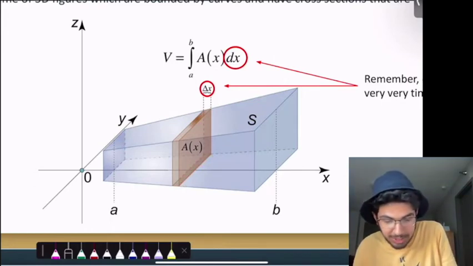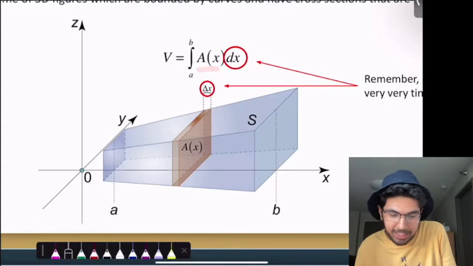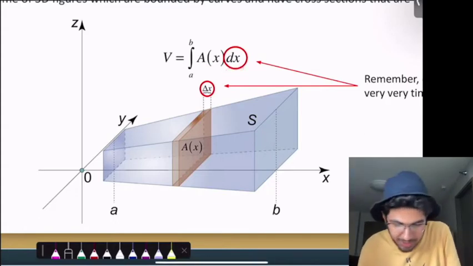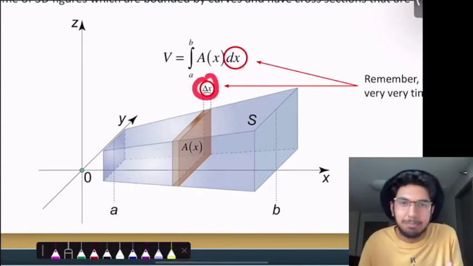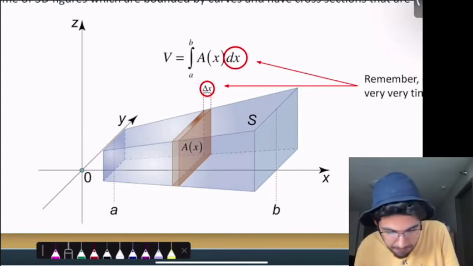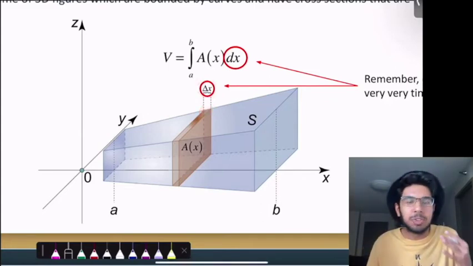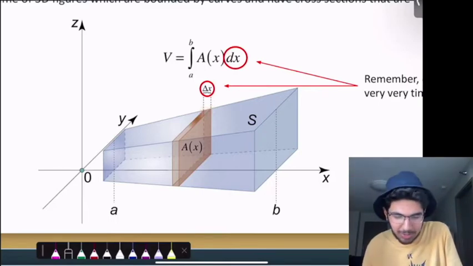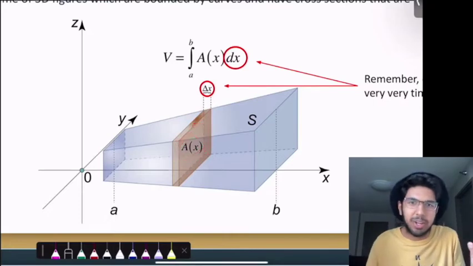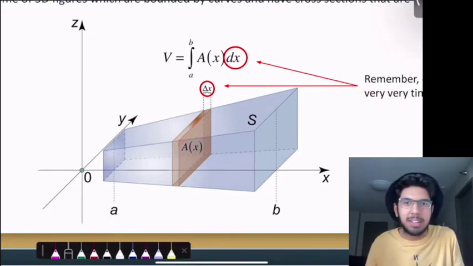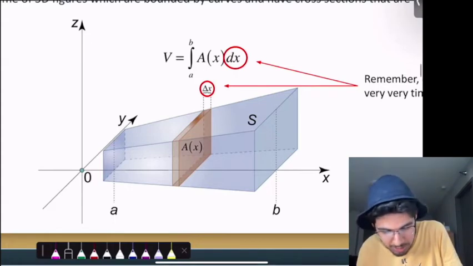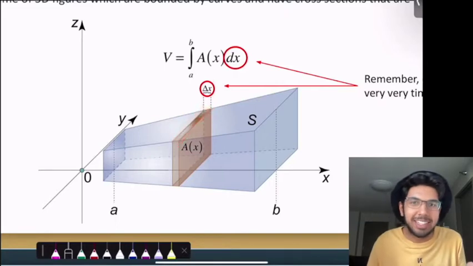What's interesting here is we're multiplying A of x by dx. dx is basically this delta x, a very, very tiny thickness. If we're multiplying an area by a thickness, and let's assume this area is of a square or a rectangle, that's the same thing as finding a volume, but what we're finding is the volume of a very, very thin slice of it.